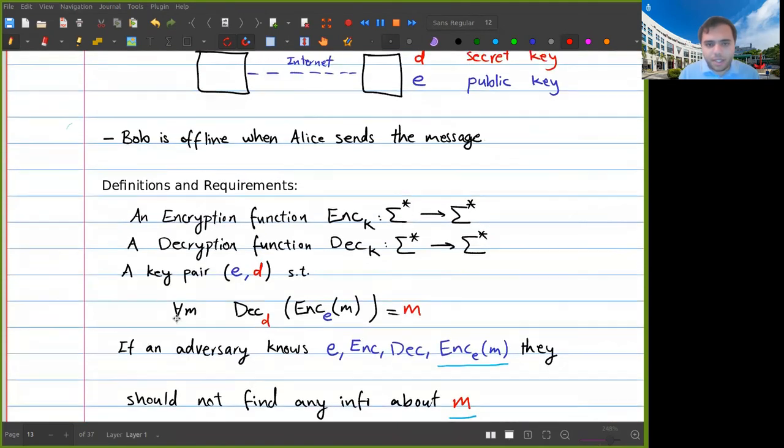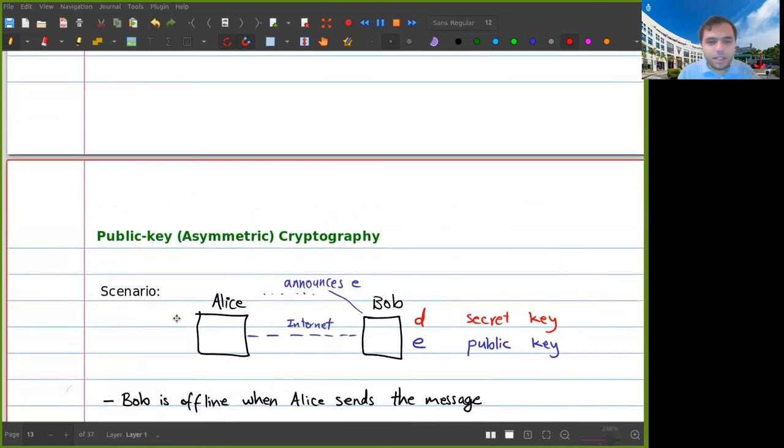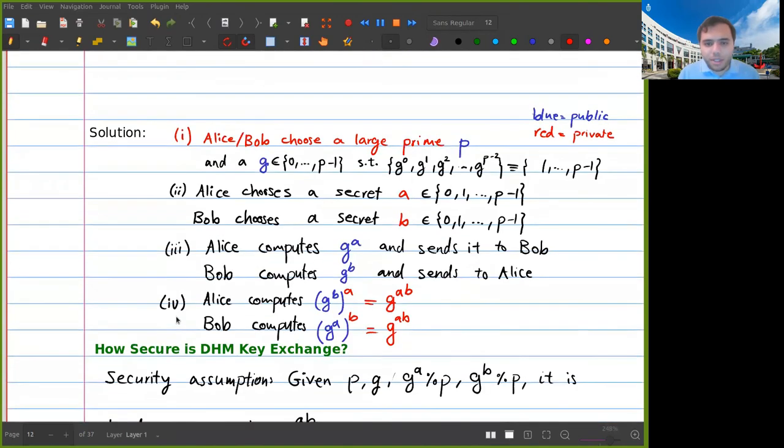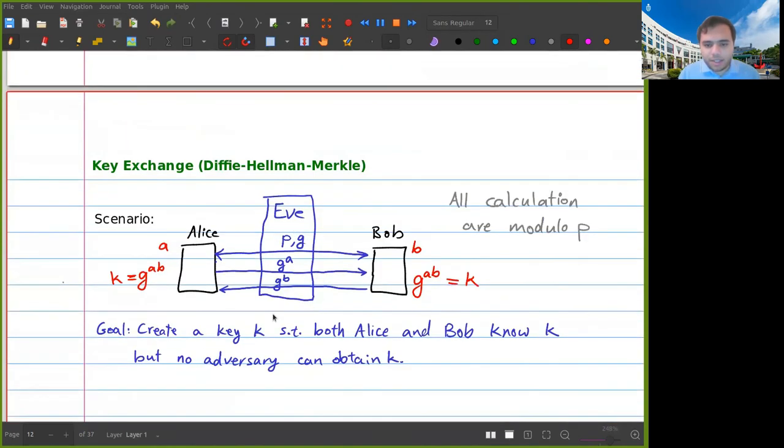The requirement that we needed Bob and Alice to be online at the same time was because of this key exchange, right? When you want to do this key exchange, this is an interactive protocol, because first Bob sends something to Alice, then Alice sends something to Bob, then both of them compute a shared key, and then they use that shared key to communicate.